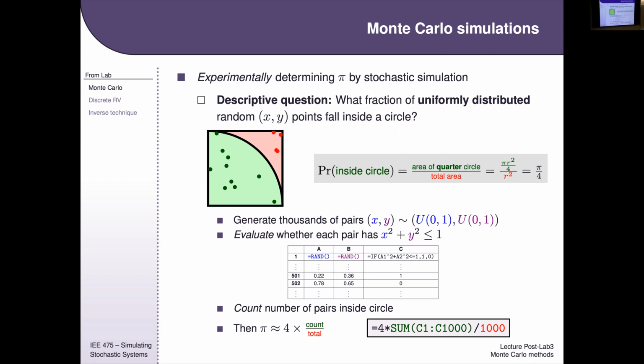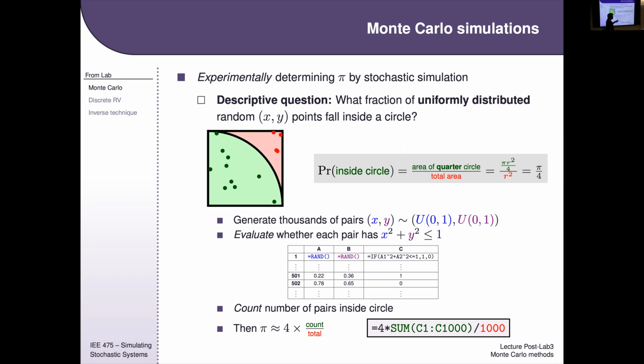And so people will say, oh, my Word doc said 3.16, but then I reopened my Excel and it said 3.12. And I didn't cheat, I swear, I didn't copy my neighbor. It's just Excel didn't have the same number. And we understand that because Excel doesn't draw the same random numbers every time you open it. So even yourself, every time you open that spreadsheet, you're going to get a different approximation of pi.